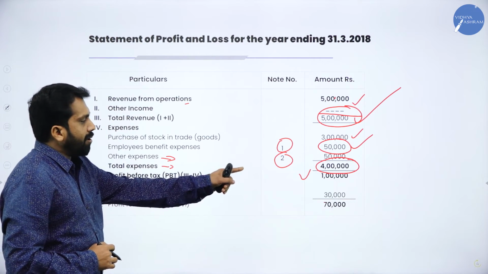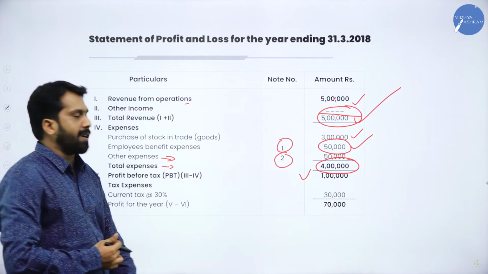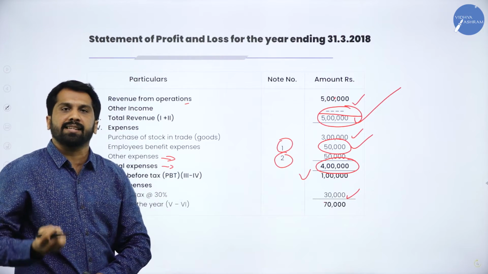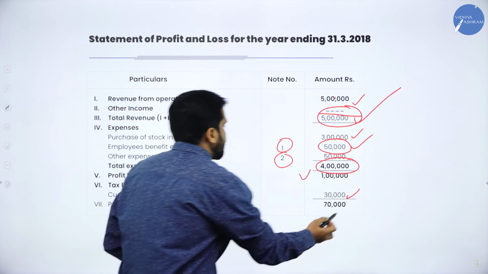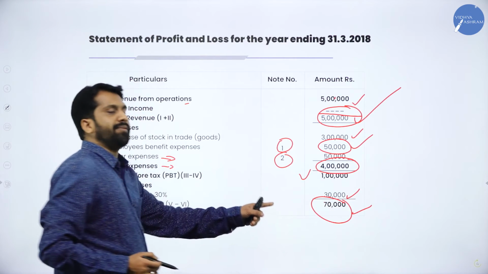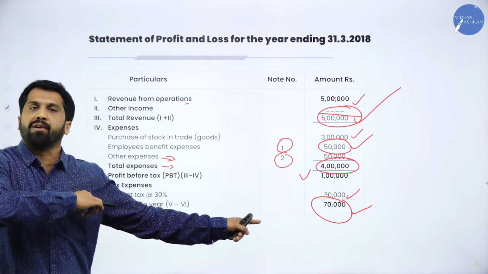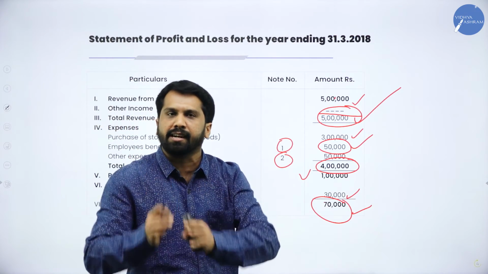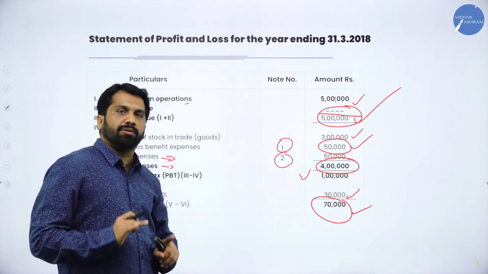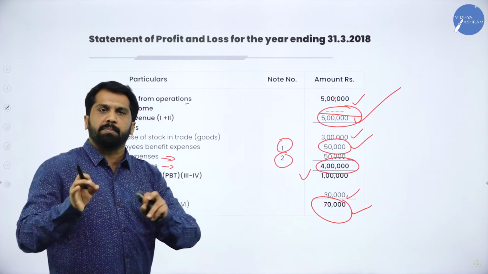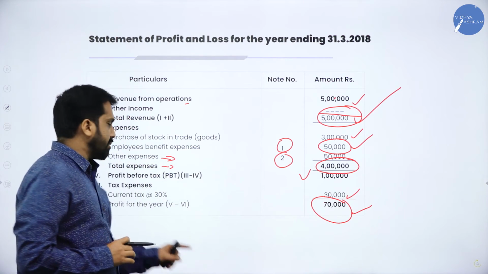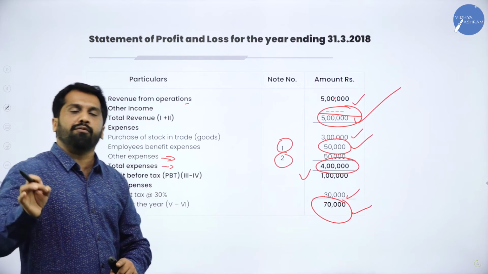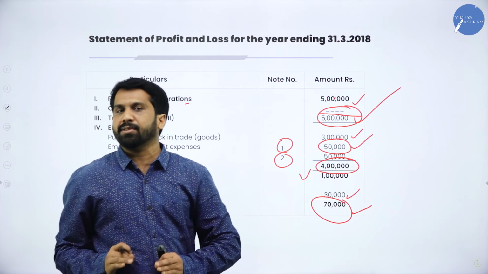So on 1 lakh, if you calculate 30%, you will get 30,000. 1 lakh minus 30,000, the final answer is 70,000. What is this 70,000? It will go to your pocket. Why? Because you have paid all the expenses, everything is done, even the tax, so this 70,000 is completely yours. This we call profit for the year or profit after tax, anything you can call it.